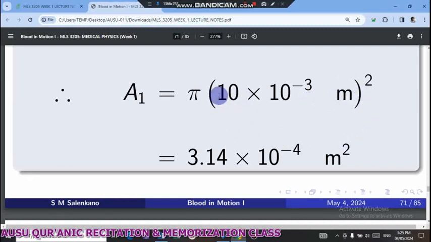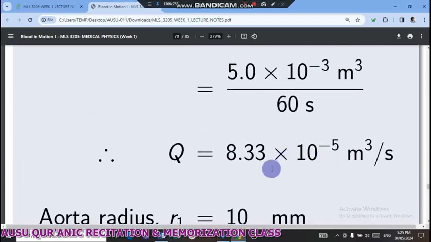So if I press my calculator, pi open bracket 10 exponential negative 3 close bracket, I put the square, it will give me this value, and then this square will affect my m, and it will become m squared. So I have A1 equals this. I got my A1, I got my Q.